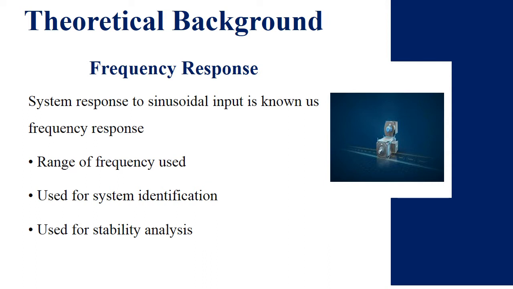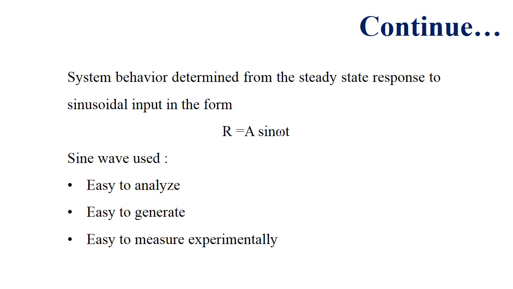This response basically can be used for the system identification and for the analysis of the stability of the system. System behavior is determined from the steady state response to sinusoidal input in the form of R equals A sin omega t.